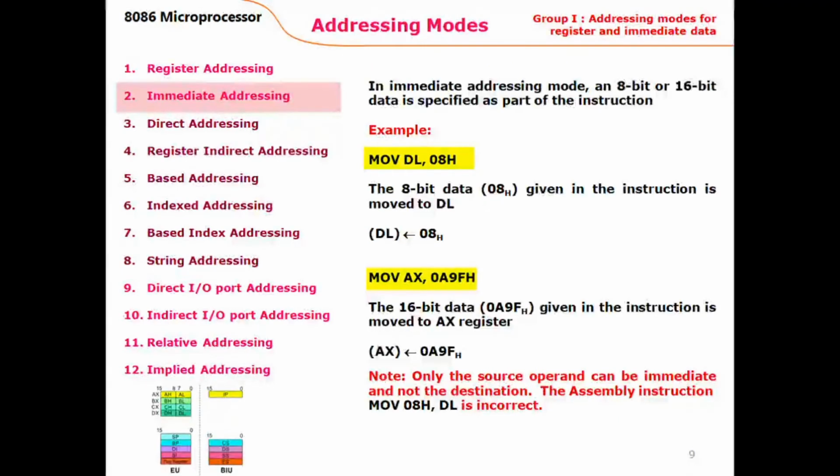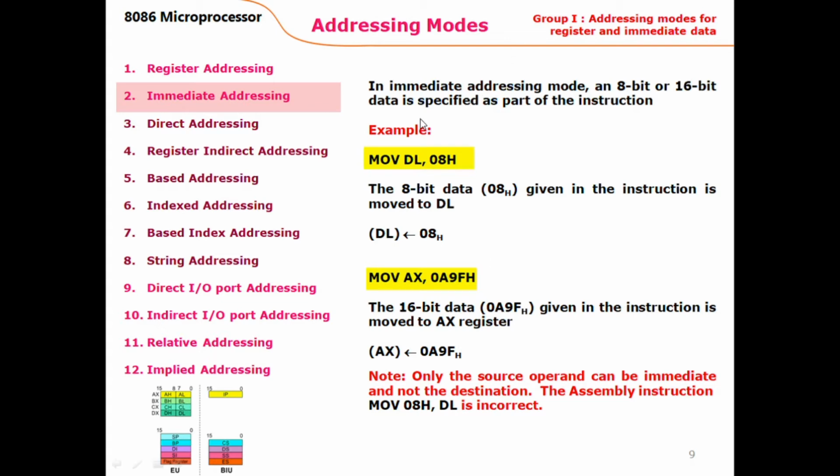Another addressing mode is immediate addressing mode. In immediate addressing mode, an 8-bit or 16-bit data is specified as part of the instruction. So one operand is a register and another operand is an immediate 8-bit or 16-bit value.